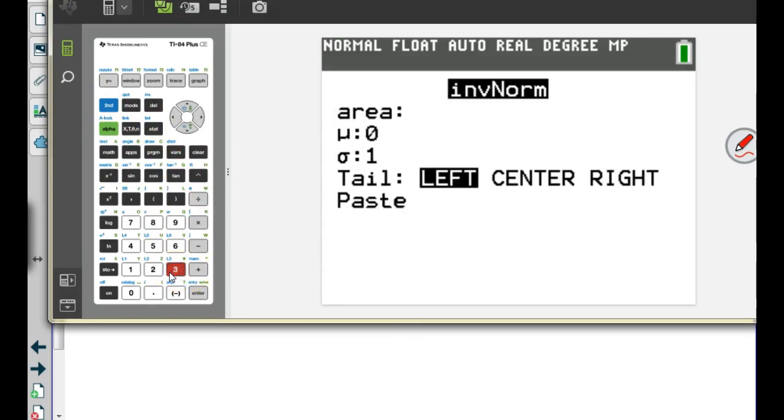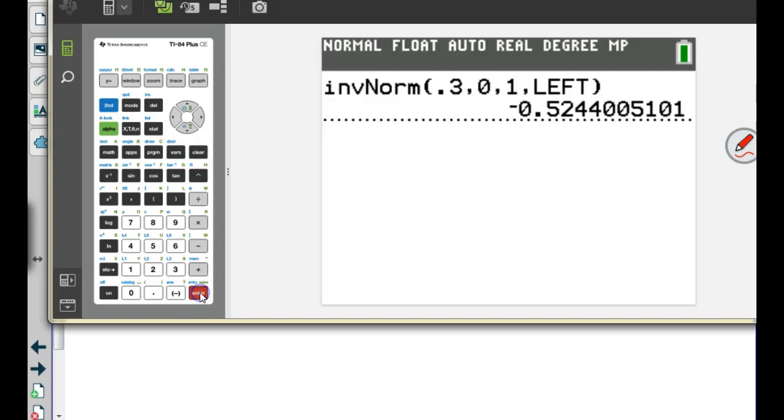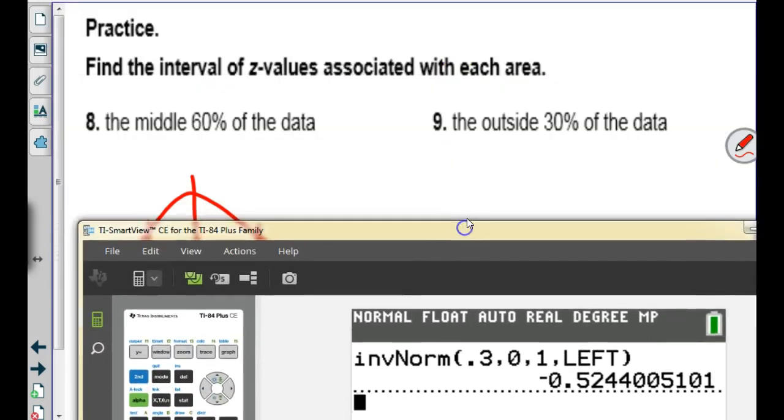And you want 0.3. Do I want that to be negative? I think I do. I don't know. I'm going to try this. So that's a negative 0.52.